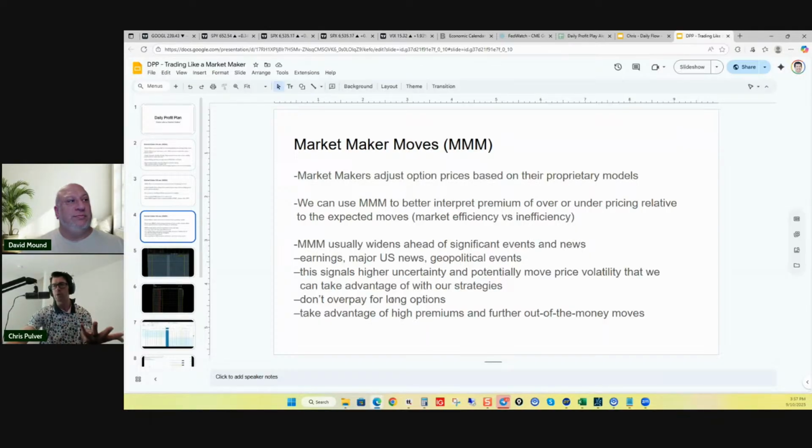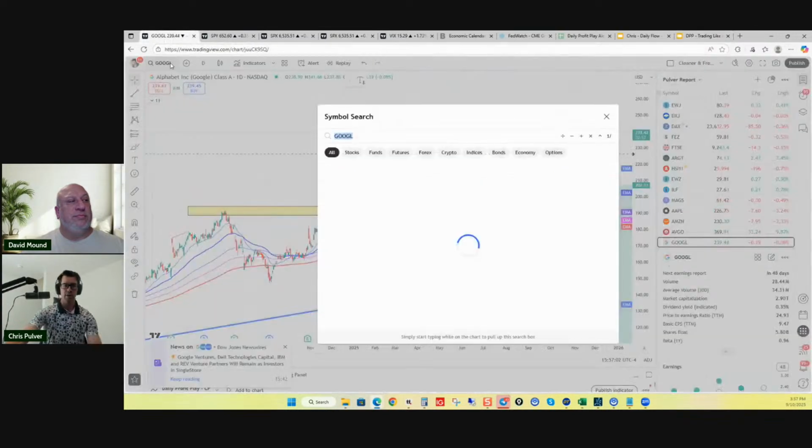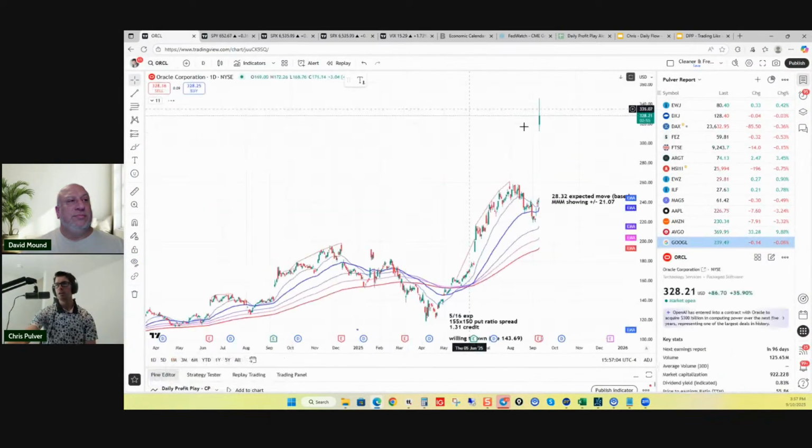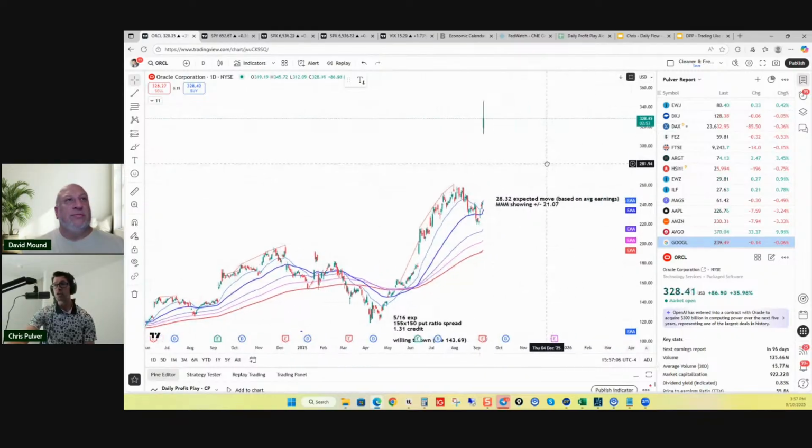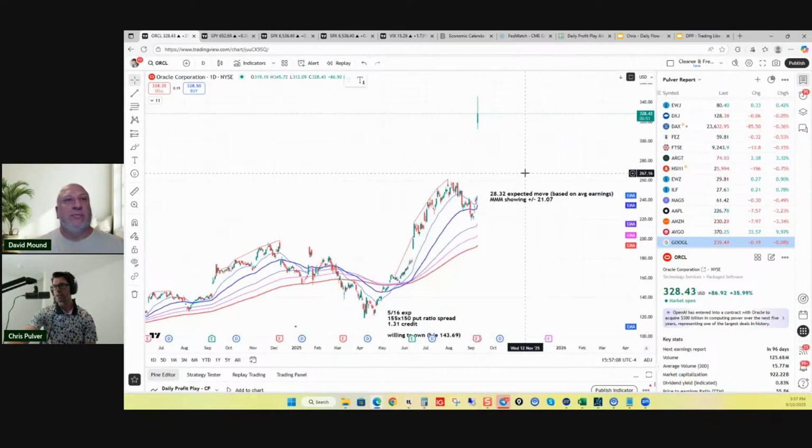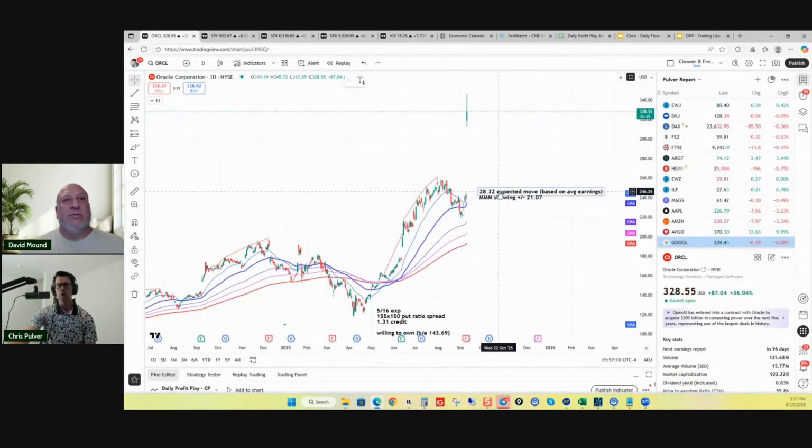You get some outliers. If anybody traded Oracle, Oracle was a crazy mover overnight. Look at this thing. Okay. I literally priced this out. Somebody asked me a question on this Monday, or maybe yesterday in the live session. Market maker move showing a 21.07. Okay, 21.07. I calculated based on the last 15 earnings reports that I'm showing about a $28 move.